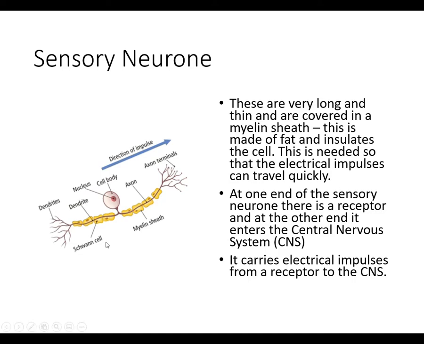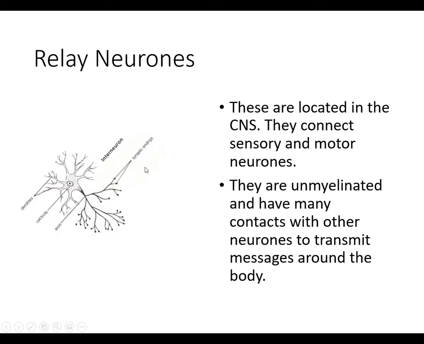Okay, so this end is our receptor, this end is in our central nervous system. So you stand on a drawing pin, and an electrical impulse gets sent all the way up to the central nervous system, where it will encounter what we call the relay neurons. So these are the relay neurons.